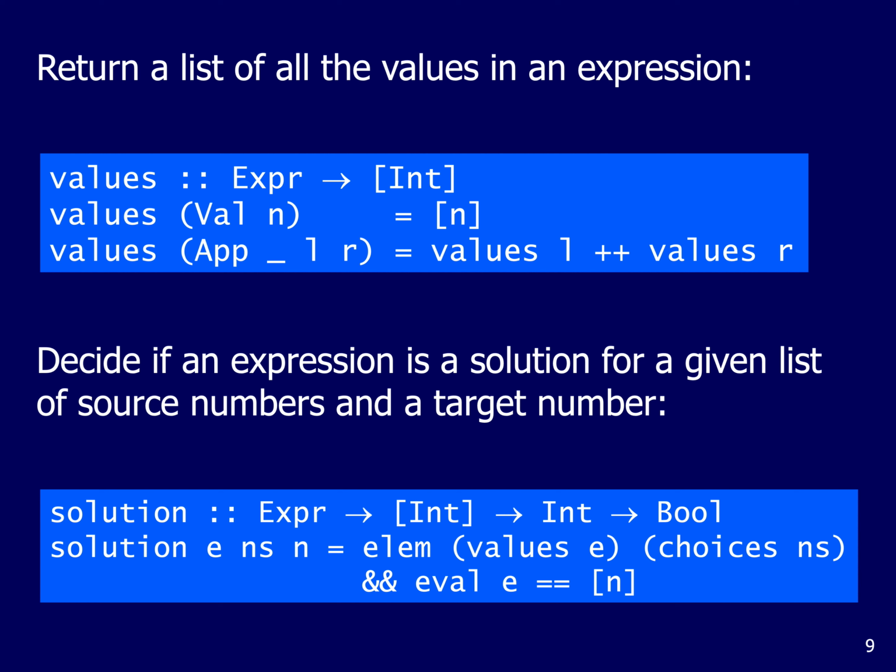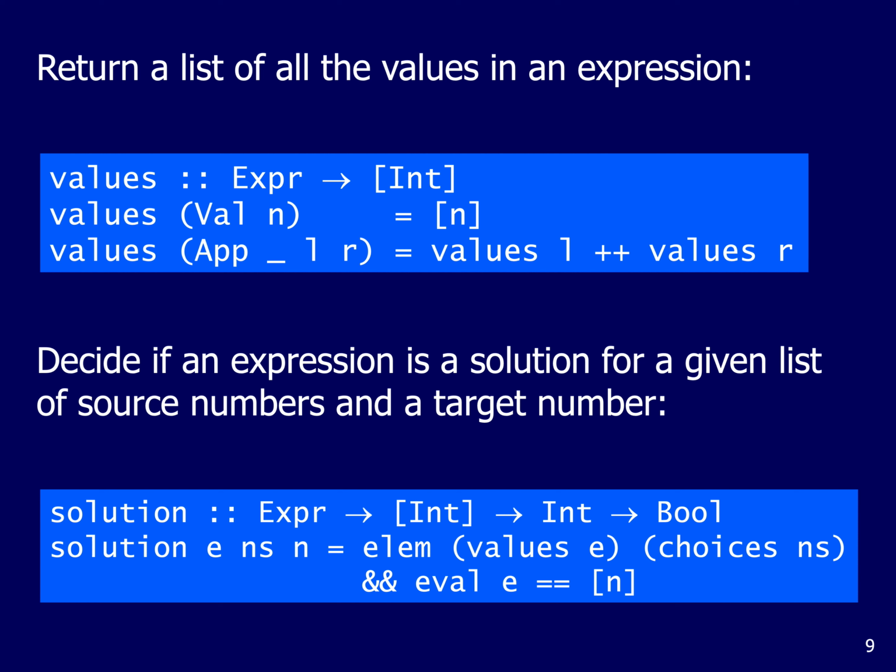So the values function has type expr to list of integers, exactly as you'd expect, and it's got a very simple 2-line recursive definition. The first case, the base case, says if you extract the values from an expression which is already just a value, val of n, then all you do is forget about the val constructor and just put the underlying number n into a little list on its own.